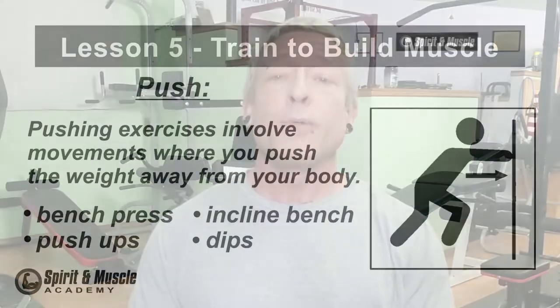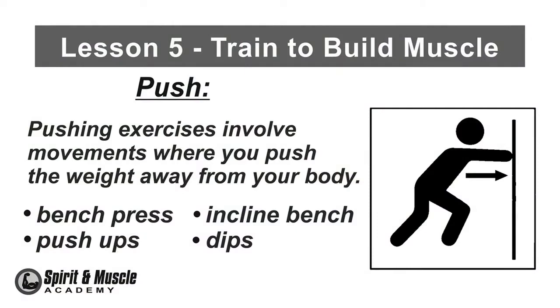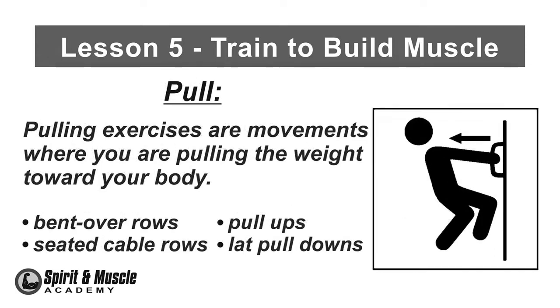We'll start with push. As the name suggests, pushing exercises involve movements where you push the weight away from your body. These exercises focus on the chest, shoulders, and triceps. Exercises include bench press or push-ups, incline bench press, and dips. Pull.